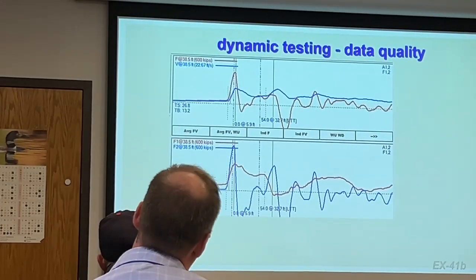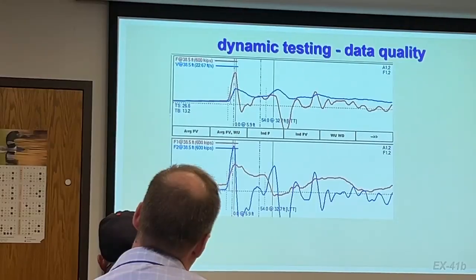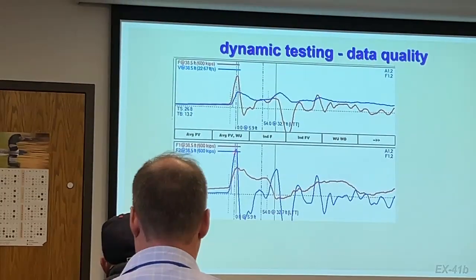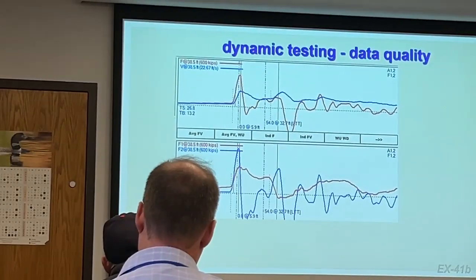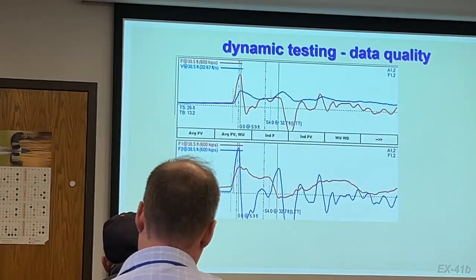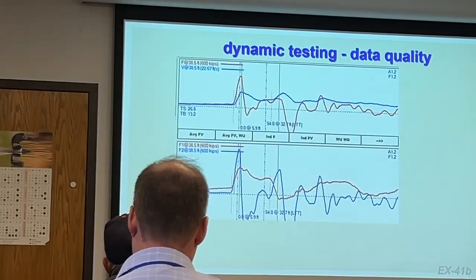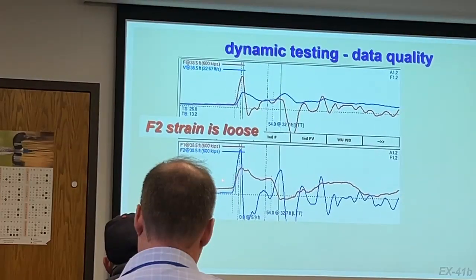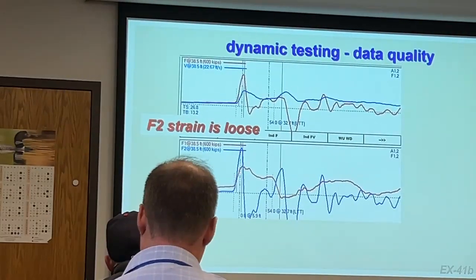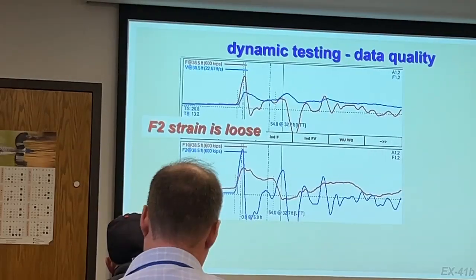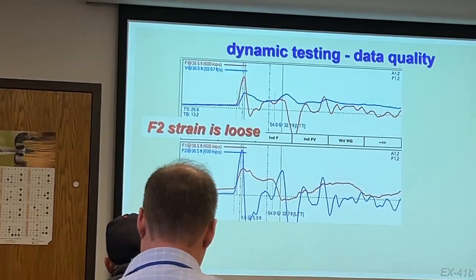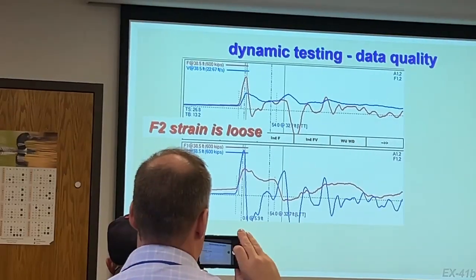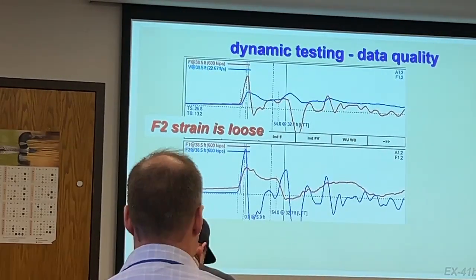a problem. So once again, when we look at the individual forces, the first F1 looks good, but the F2 has this very high frequency and kind of up and down status that looks really like the acceleration. Again, in this case, that F2 is loose. Most of the data problems that I see, particularly on concrete piles, but also on pipes and to a much lesser extent H piles, is a loose strain gauge.